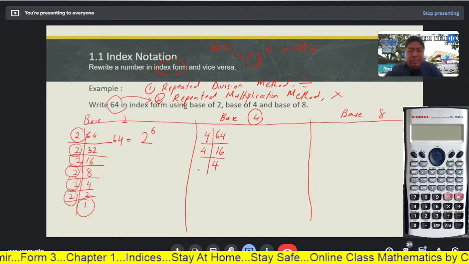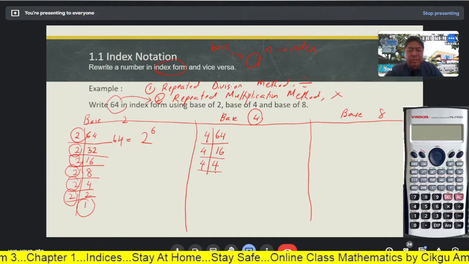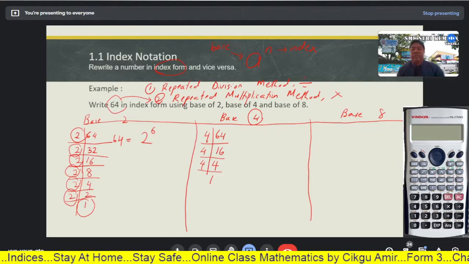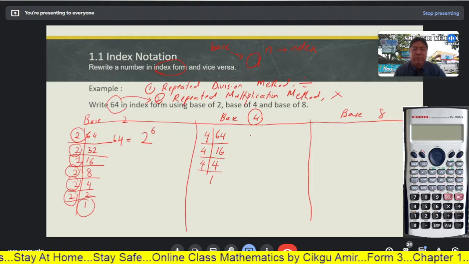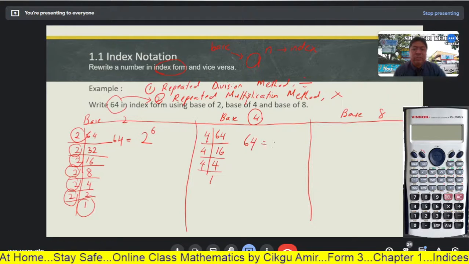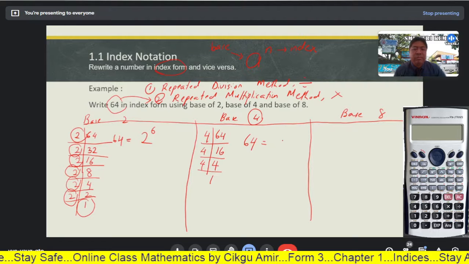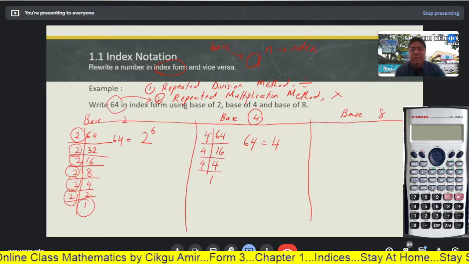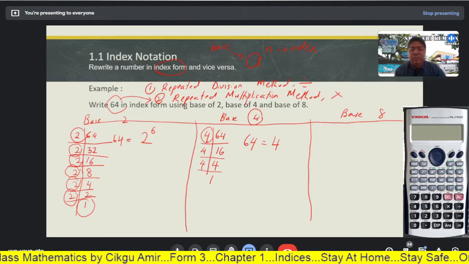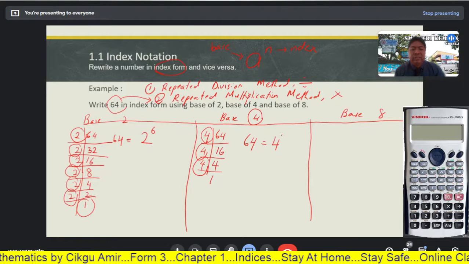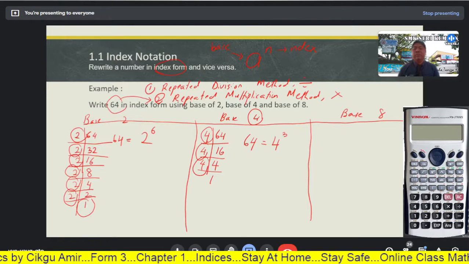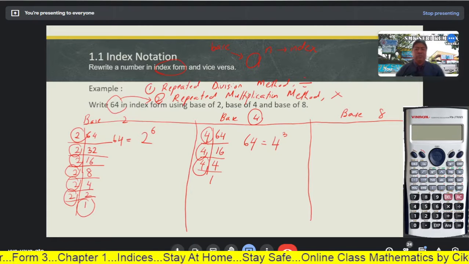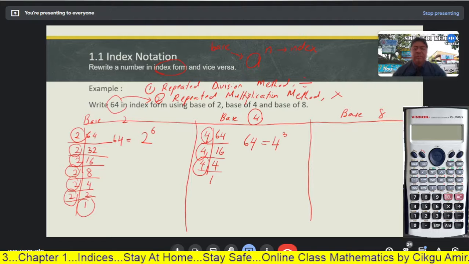Divide again until the answer becomes 1. 4 divided by 4 is 1. So you have 64 equal to base 4, and how many indices here? 1, 2, 3. So 64 is equal to 4 to the power of 3.